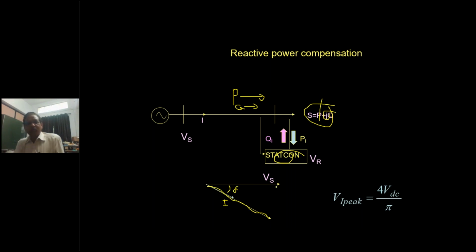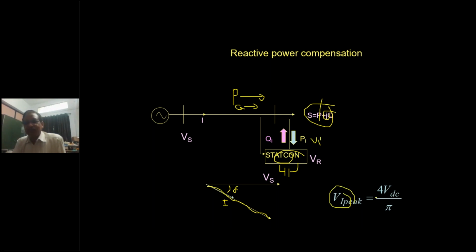So what will happen? Power will come from the source to the statcom, and here is a capacitor, and this capacitor will charge. If the capacitor charges, the voltage Vi will change. What is the relation?